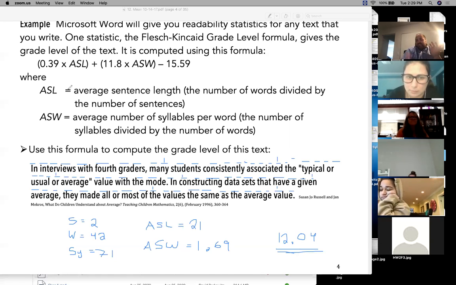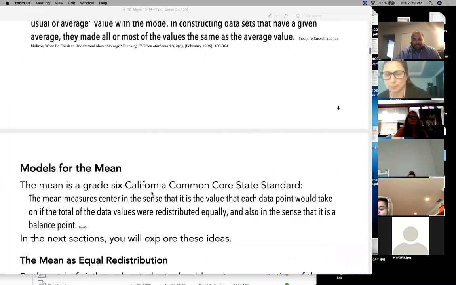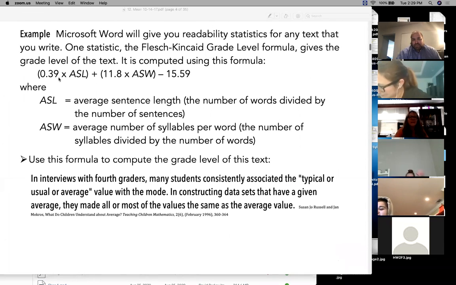Now that we know what an ASL is, you should understand the definition. Okay. So the 12.04 is because you subtracted, right? Now, the 12.04 is I put everything into this formula here. I actually calculated the grade level.